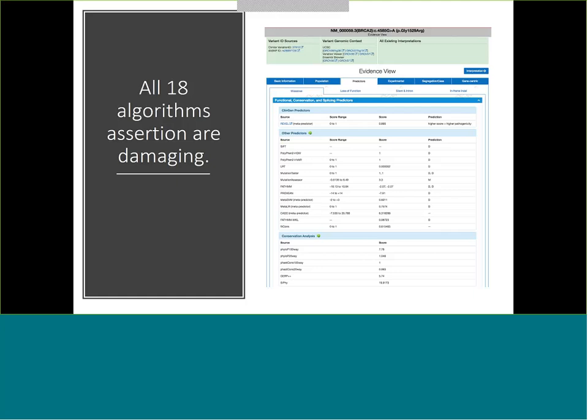Now, Jenny, can you go to the next slide? Thank you. If you look into this variant in the variant curation interface, pretty much all 18 algorithms that I looked at call it damaging. You can see in the interface that for the same variant, several of the scores are damaging. Pretty much all of the in silico predictors are calling it damaging, whereas the variant is called benign in ClinGen.